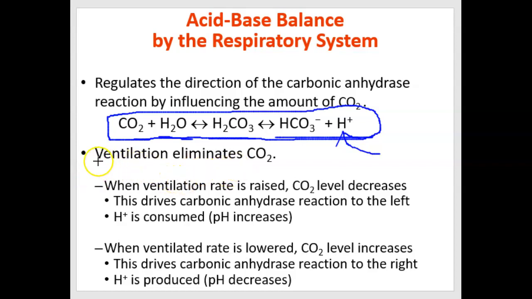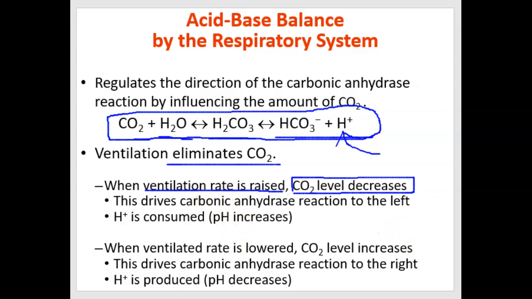You know that the respiratory system eliminates carbon dioxide from our bodies. That happens with every cycle of ventilation. So exhalation, expiration, you get rid of CO2. When you increase your rate of ventilation, you actually get rid of more CO2. That can't be emphasized enough. Yes, it's true that you take in more oxygen, but what's more important is that CO2 levels will decrease.